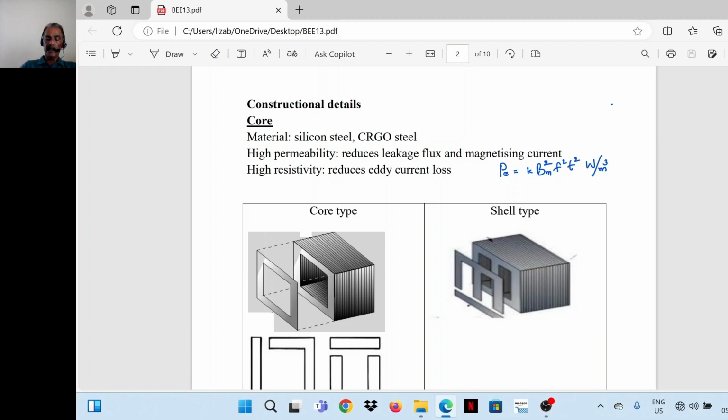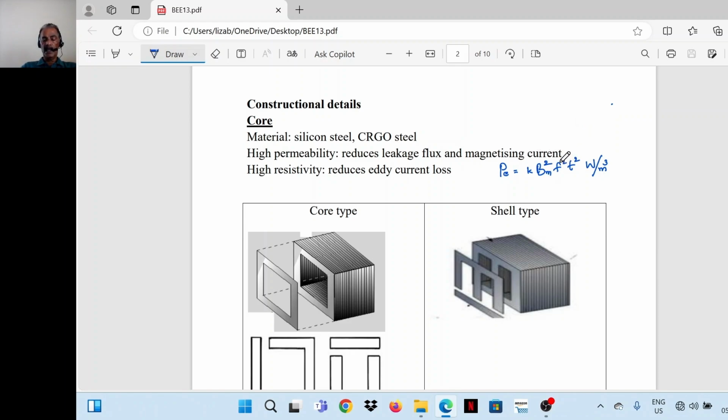An approximate equation for eddy current loss is K B max squared into F squared T squared watts per meter cubed. B max is the maximum flux density, told it is a design parameter. Frequency: the transformer is expected to operate at a particular frequency. Say in our country it is 50 hertz. In certain other countries it is 60 hertz.